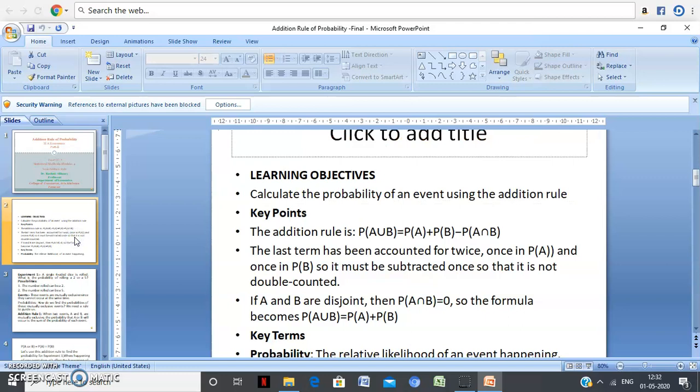What are the learning objectives of this topic? You will learn how to calculate the probability of an event using the addition rule.